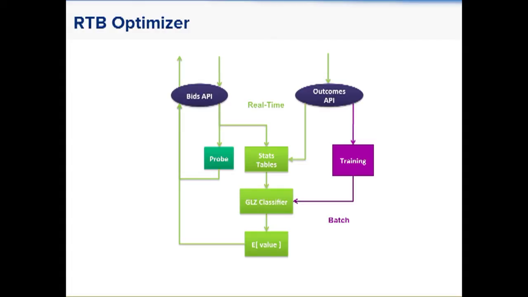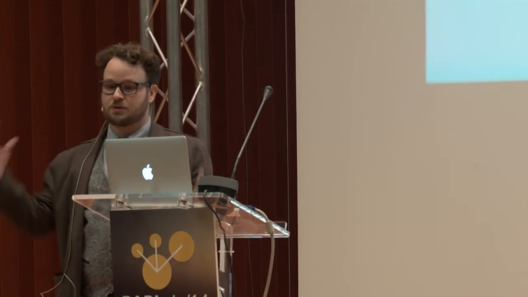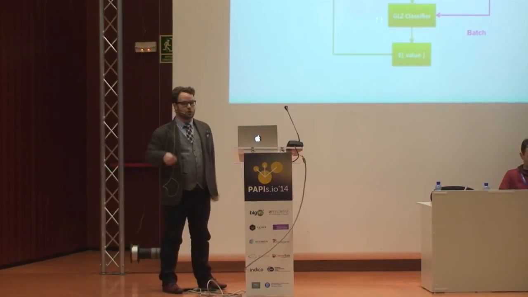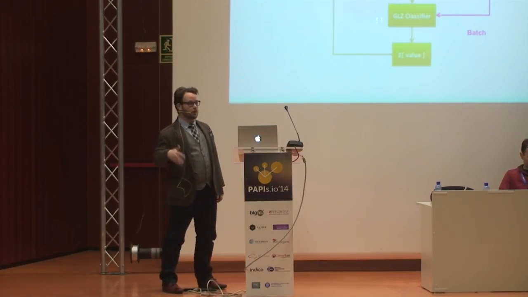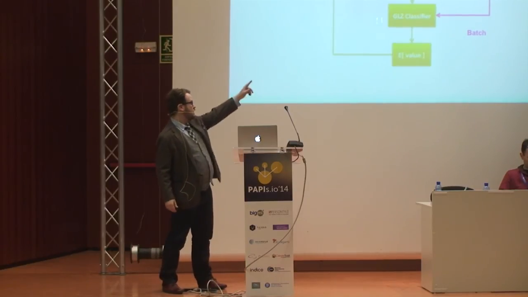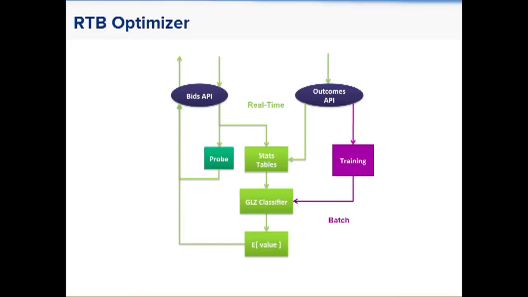Then we feed it to the expected value model, which uses the campaign goals to compute the expected value of this bid request, and that's the bid. When outcomes come in real time, they update the stats tables, and they also update a data store, which we're constantly monitoring for whether or not we have enough examples to warrant a retraining. New models are trained and pushed into production if they clear the simulated backtest criteria.